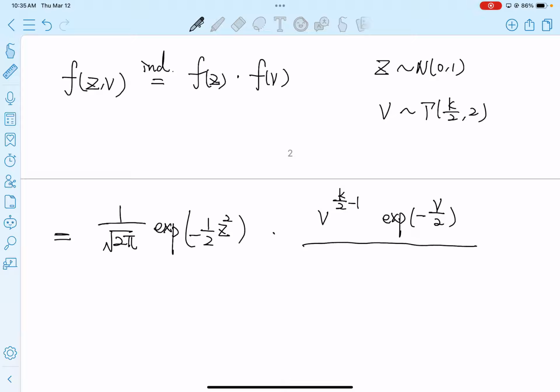And then beta raised to the power of alpha, we will have 2 raised to the power of k/2, multiplied by the gamma function of alpha, where alpha is k/2. Okay, so this is the marginal for v, the gamma density function. All you need to do is replace your new alpha and beta. Alpha and beta come from the moment generating function we derived on Tuesday. Any question up to this point?